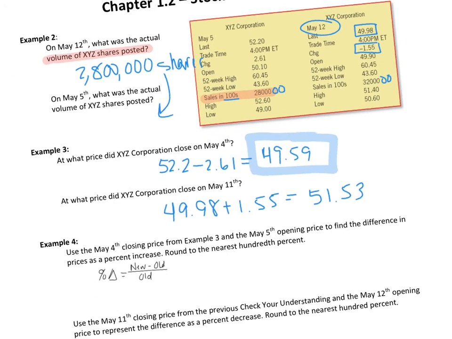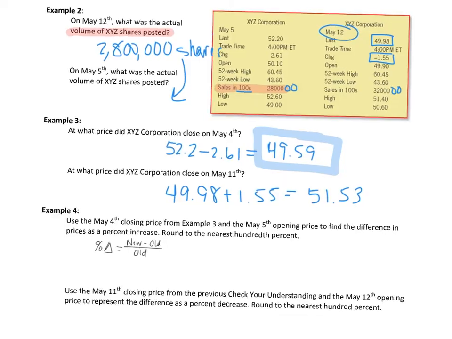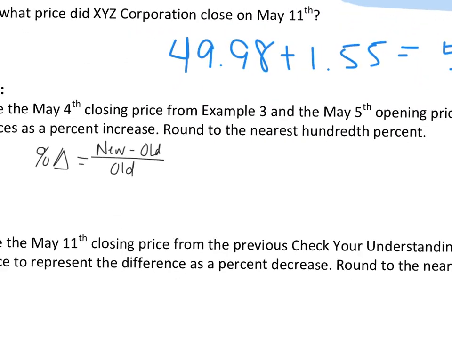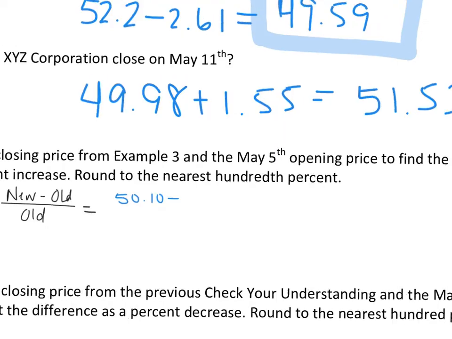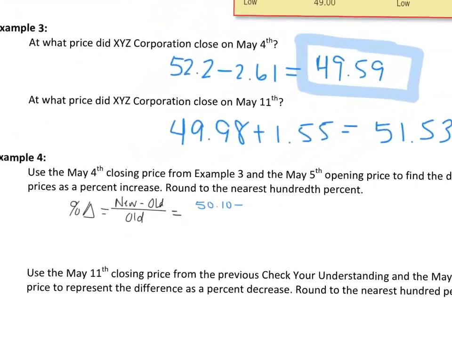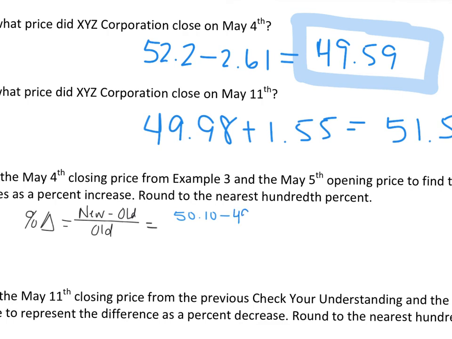And so it says the opening price on May 5th was 50.1. So that means it's 50.10 minus the old price, and the old price is what we just highlighted there, 49.59, over 49.59. New minus old divided by old.